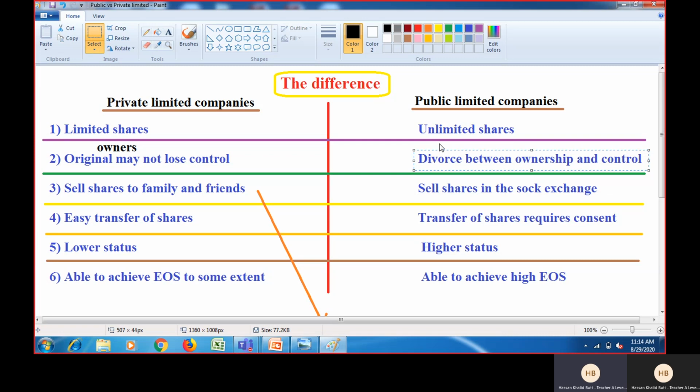In a private limited company, you are able to sell your shares to family and friends to raise capital. And the reason is, it's not that by law you cannot sell to any other person who is outside your family or your friends group. No, you can. But the problem is, what is the reason?